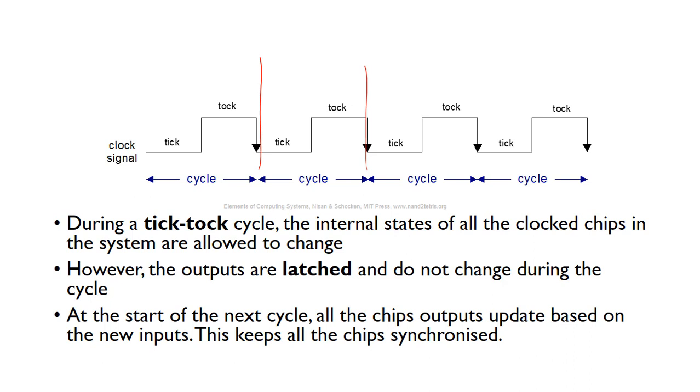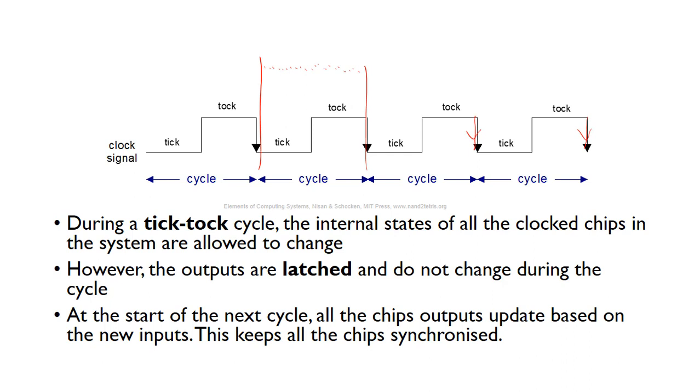During this time period, the inputs can change at any time, but the output only changes at the end of the cycle. So at the end of these falling edges, at the end of every cycle, if any change to the inputs has occurred during that cycle, the output will update.